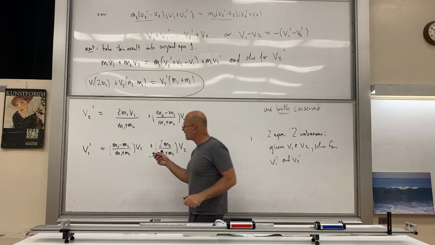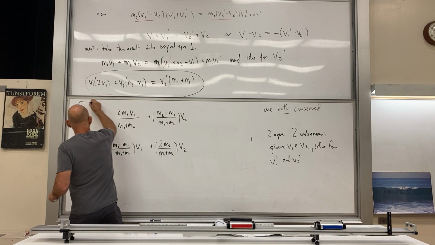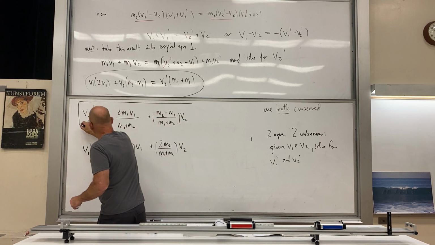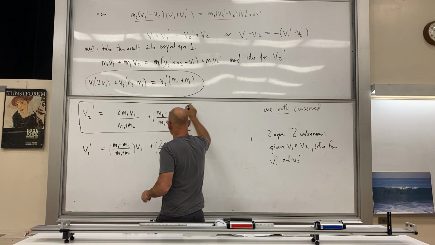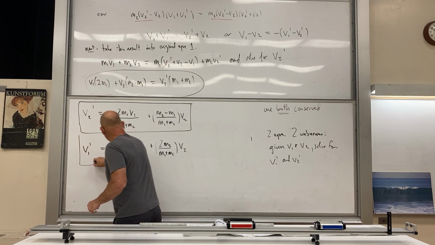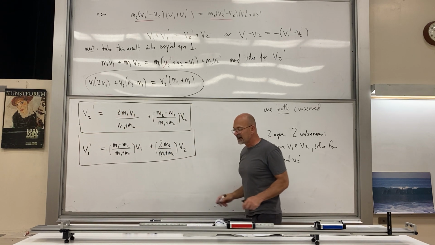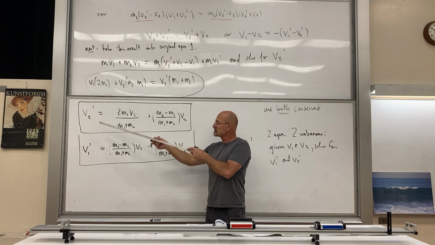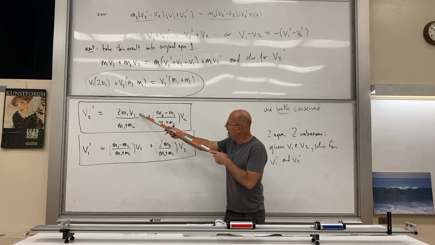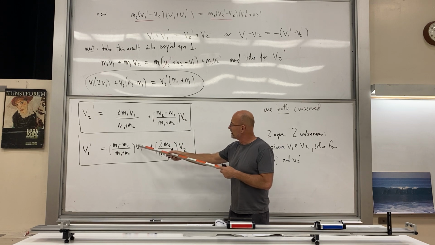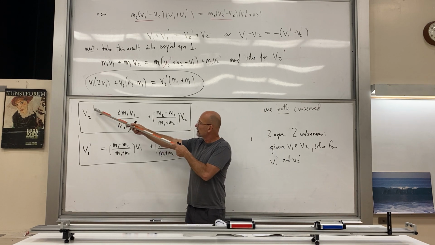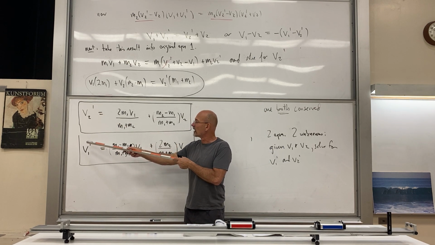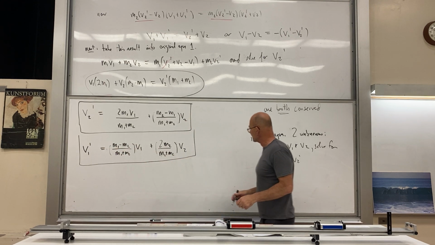And okay, so this is a major result of sorts. We had this idea and we applied it, and now we have these predictions for what will happen. So if you give me V1 and V2 and these masses, I'm supposed to get this V2 prime and V1 prime out again.